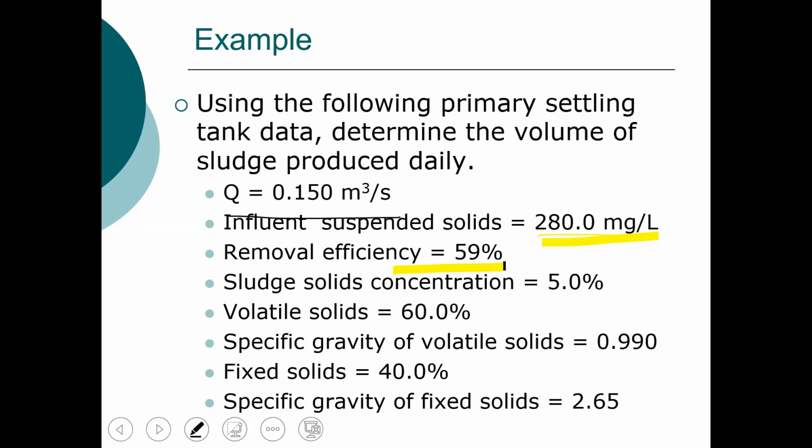We're told that our sludge solids concentration is 5% and that the sludge is made up of 60% volatile solids or organic fraction with a specific gravity of 0.99 and 40% fixed or inorganic solids with a specific gravity of 2.65.